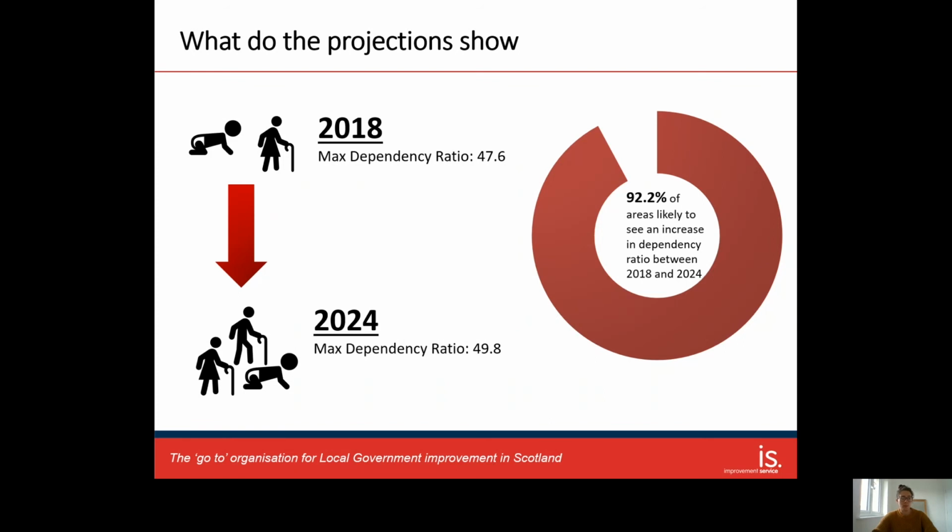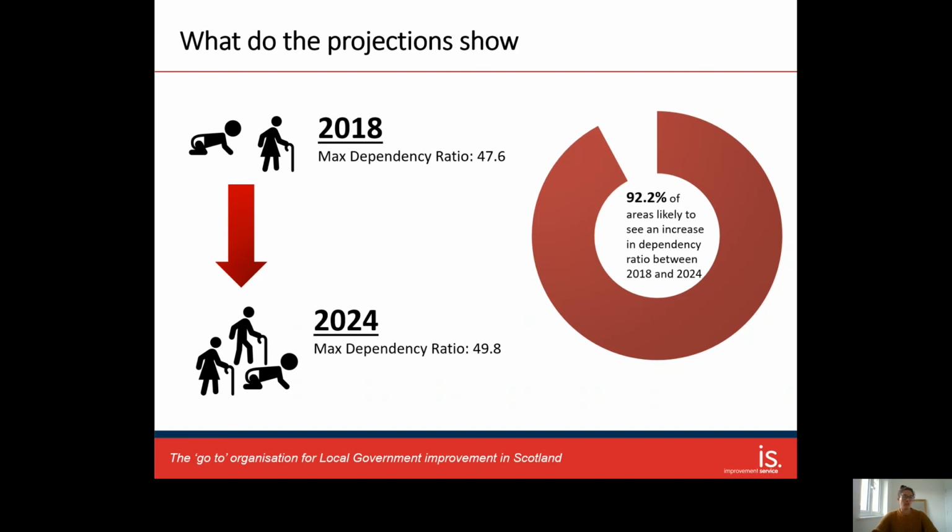So this is a general trend that we're seeing across a lot of areas within Scotland, and it's quite important to understand when planning for services. And this is something that these projections allow you to see.